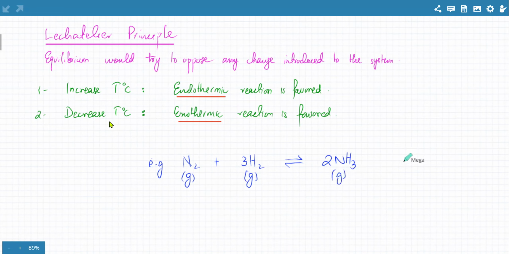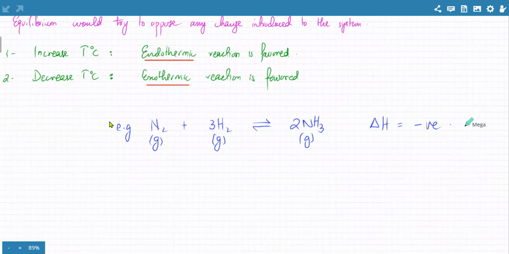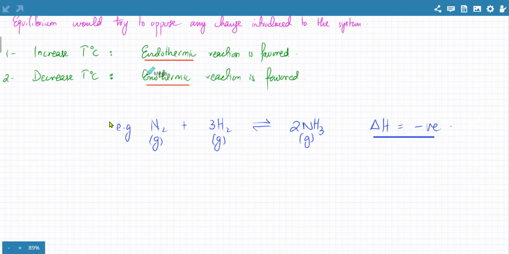And the delta H is negative. Now remember the delta H that's given is usually given for the forward reaction. Not usually, it's always given for the forward reaction. So when they say that delta H is negative, that means it's exothermic. That means the forward reaction is the one that's exothermic.